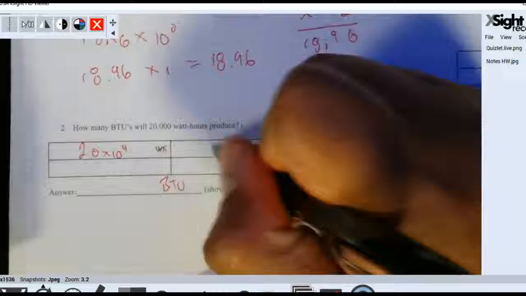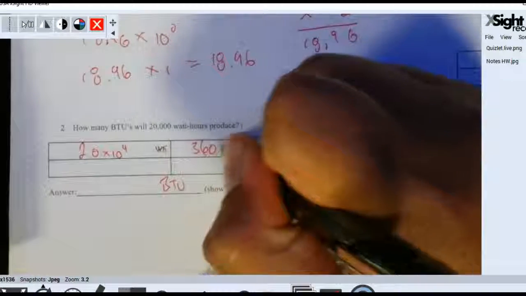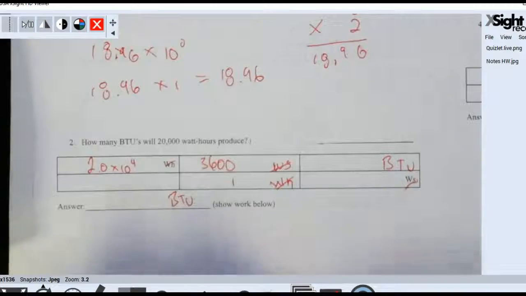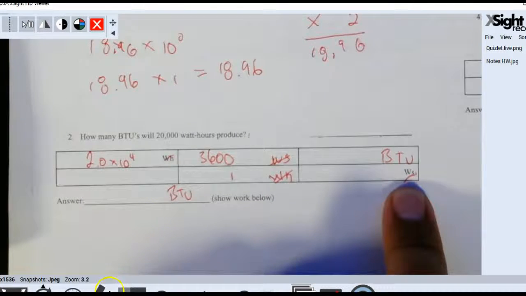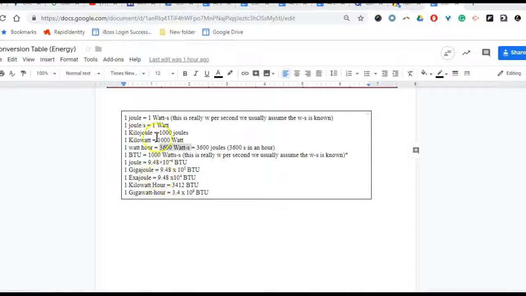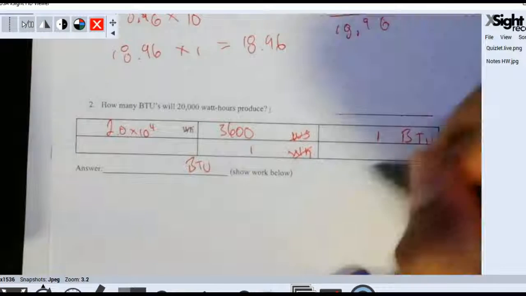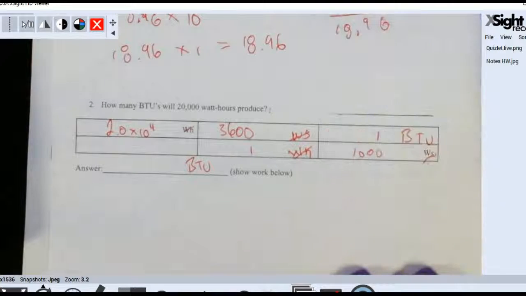So for 1 watt hour, that's 3,600 watt seconds. All right. Now, is there a conversion between BTU and watt seconds? All right, let's go back. So BTU. All right, there's a BTU, and there's 1,000 watt seconds. So 1 BTU, actually, let me go back to my paper. 1 BTU is equal to 1,000 watt seconds.